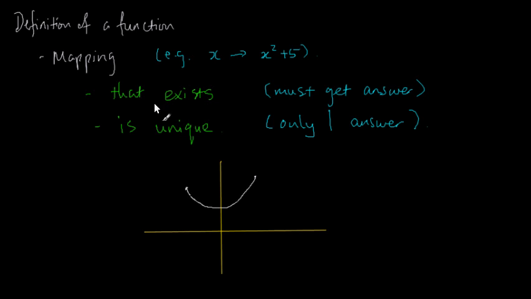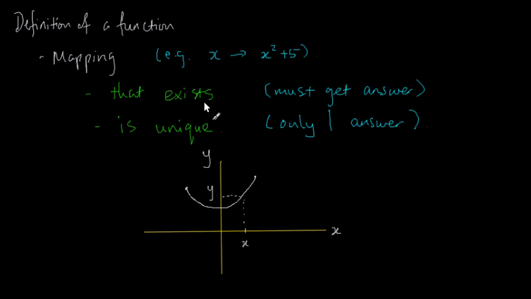So when we say a mapping that exists, you can imagine that this is a mapping from x to y, and it's a mapping in the sense that if I have a value of x here, this graph gives me another value of y, like that.